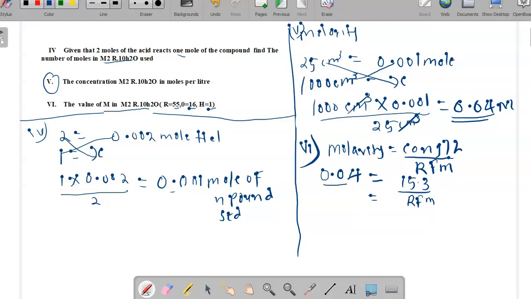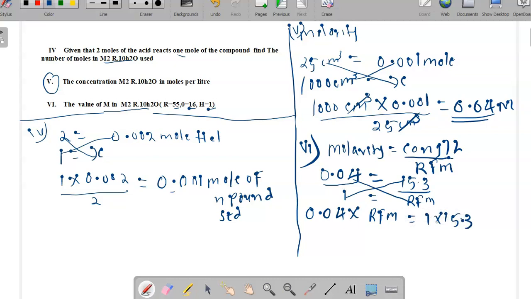So there is one hidden here. You cross multiply this one and this one. So this is what we do. 0.04 of the molarity multiplied by the RFM is equal to 1 times 15.3.